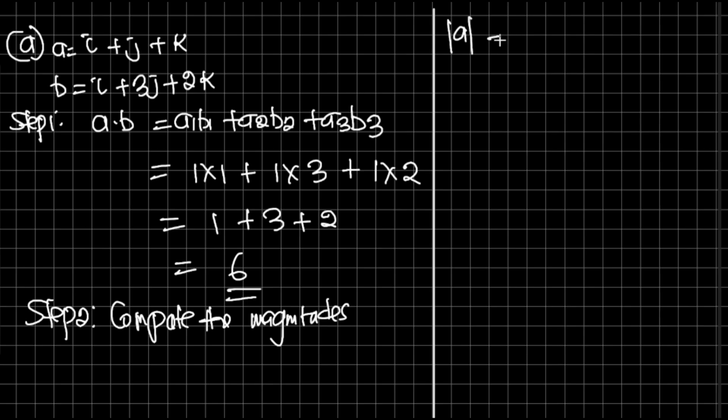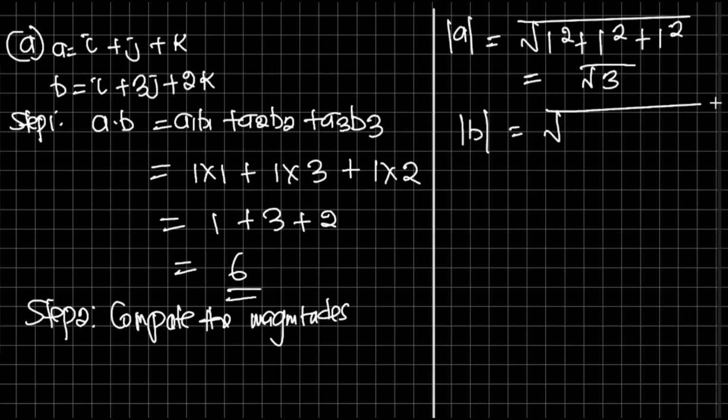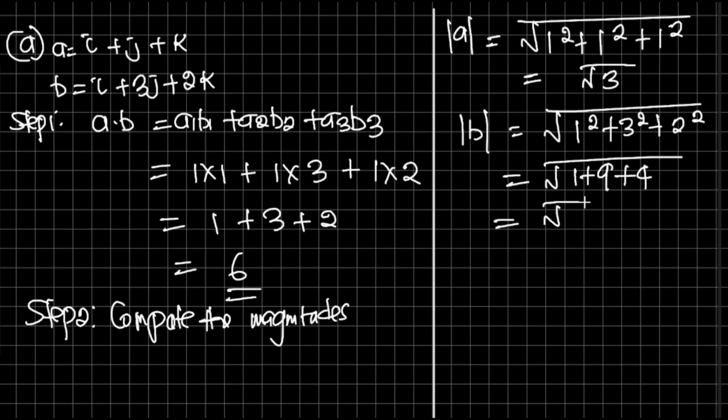Magnitude of a will be the square root of 1 squared plus 1 squared plus 1 squared, which is square root of 3. Magnitude of b will be the square root of 1 squared plus 3 squared plus 2 squared, which is the square root of 1 plus 9 plus 4, which is square root of 14.